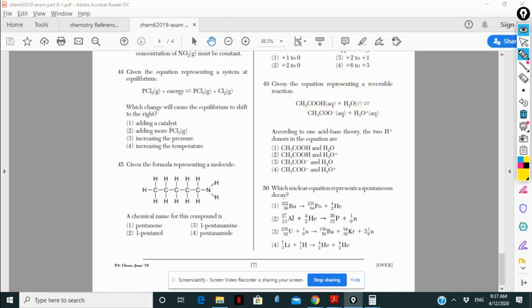Now, which nuclear equation represents spontaneous decay? If you're looking at the reactions, I know the answer, but I'm going to assume that I don't know the answer. So now I'm struggling here.